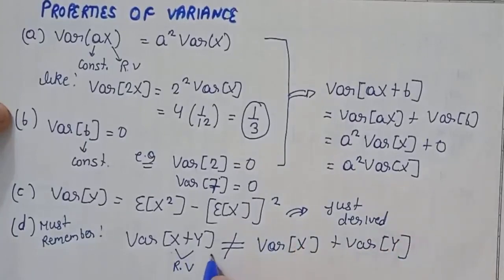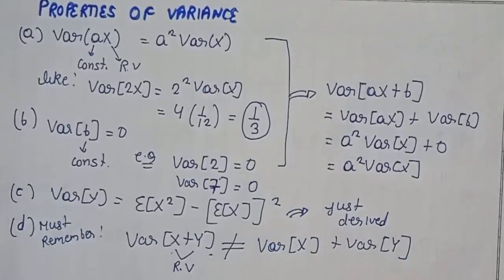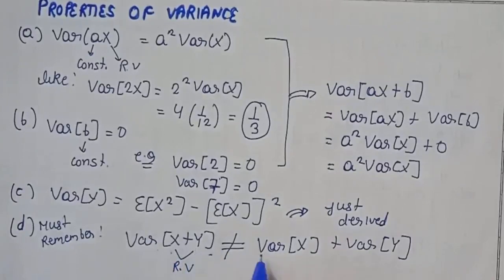This is related to covariance of x and y, which we will see in upcoming sessions. But for now, you must remember that variance of x plus y is not equal to the individual sum of variance of x plus variance of y.